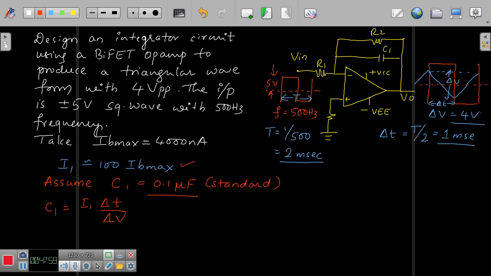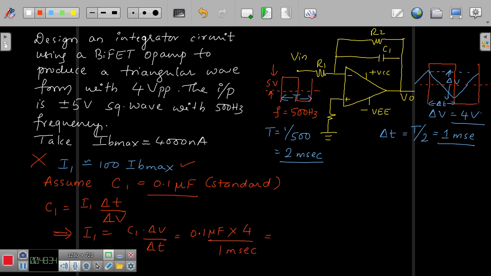So now if you proceed with the two different methods, you would get two different answers here, right? Anyway, first I will take C1 is equal to 0.1 microfarad. So once I take C1 is equal to 0.1 microfarad, I should be able to calculate the value of I1, which is not as per this equation. So this I1 will be C1 into delta V divided by delta T. C1 is 0.1 microfarad, delta V is 4 divided by delta T is 1 millisecond.